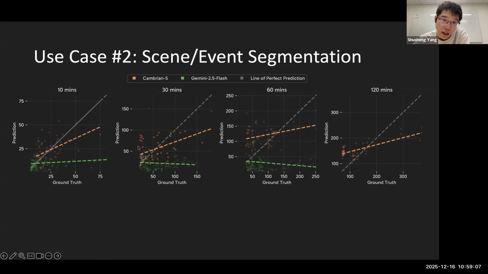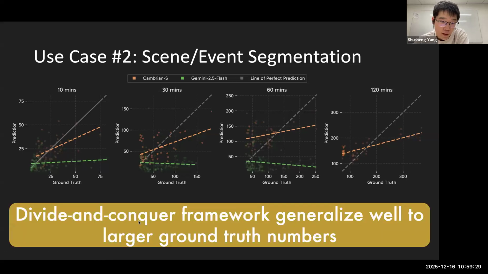But for our Cambrian-S with the divide and conquer framework, the model's predictions are much better than Gemini's, and it scales well along the number of ground truths. So in general, this divide and conquer framework can generalize well to larger ground truth numbers.